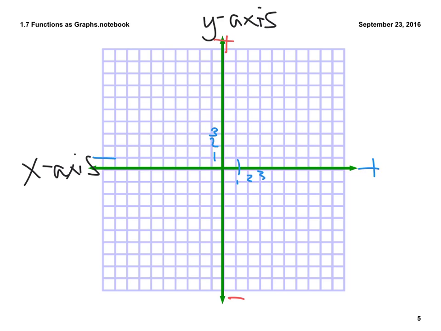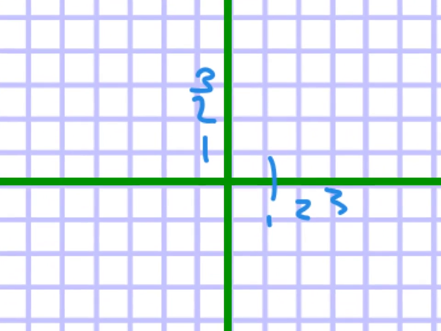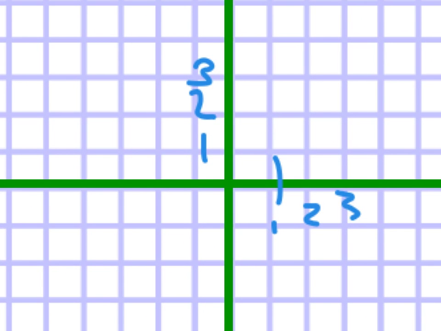Each one of these grid marks is going to be one unit. 1, 2, 3, 4. 1, 2, 3, 4. Then this would be -1, -2, -3. Same this direction, -1, -2, -3.